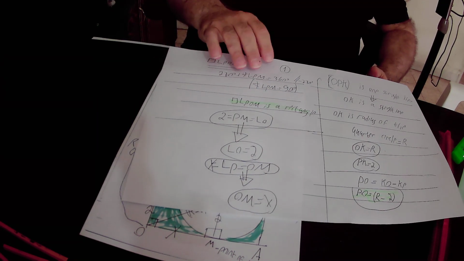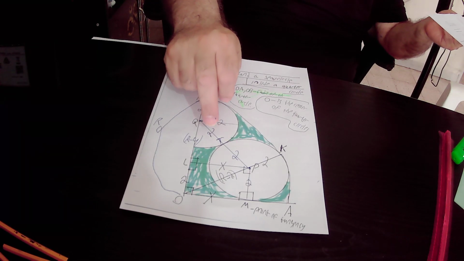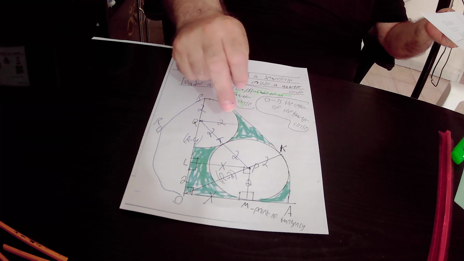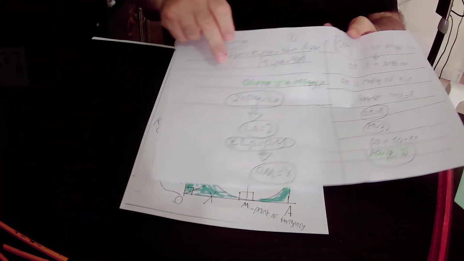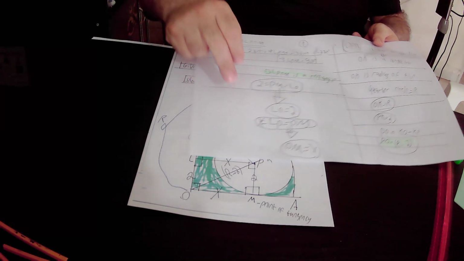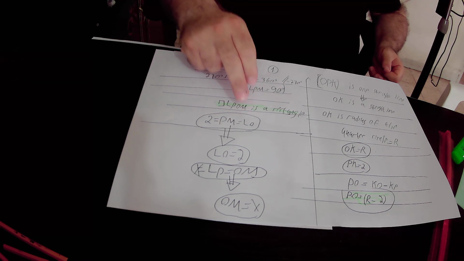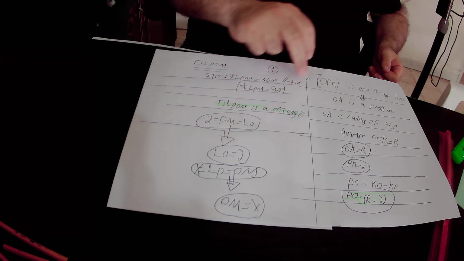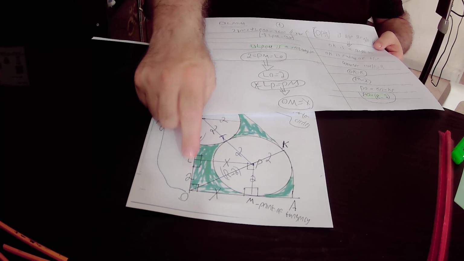We also know that the opposite sides of a rectangle are equal to each other. So in rectangle LPOM, side PM must be equal to side LO. PM equals LO, but we know that PM equals 2 units, so LO also equals 2 units.